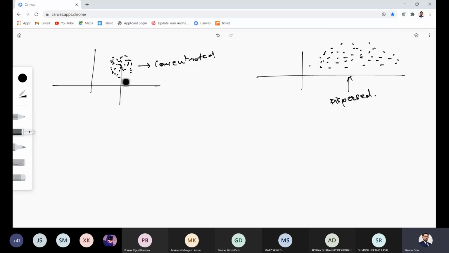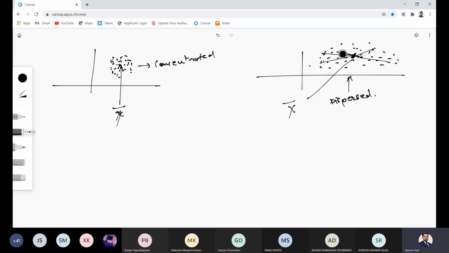If I find out the mean of this data, the x bar will be somewhere at the center of this, and here x bar will be at the center of this. When I say x minus x bar, it is this distance. This distance I am calculating.